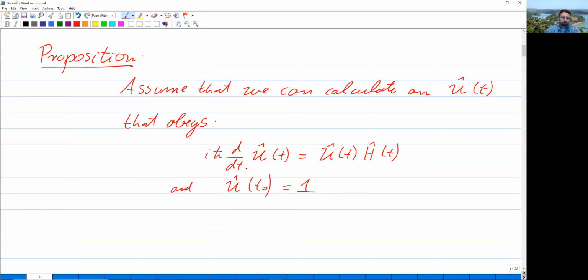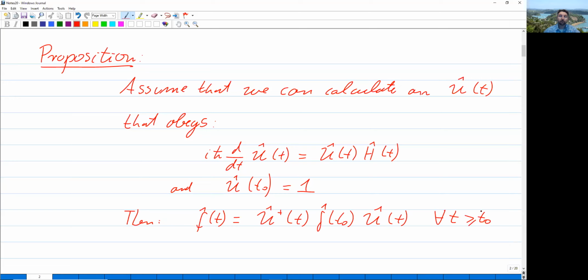If we can calculate it, if we can solve this single equation of motion, then we obtain that f hat of t is equal to u hat dagger of t, f hat of t naught, u hat of t, for all t larger or equal to t naught, if f hat is a polynomial in the x hat and p hat operators with constant coefficients.